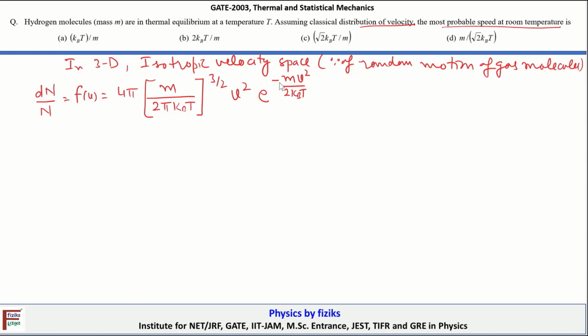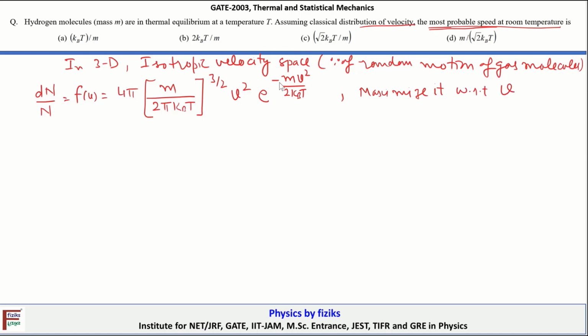Okay. So now, because we are talking about the most probable speed, for obtaining it we are going to maximize this function with respect to the variable, which is velocity here.